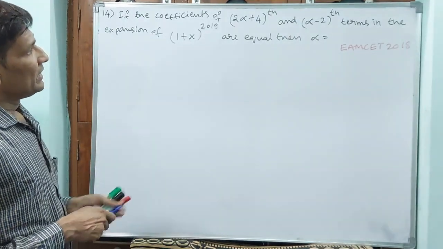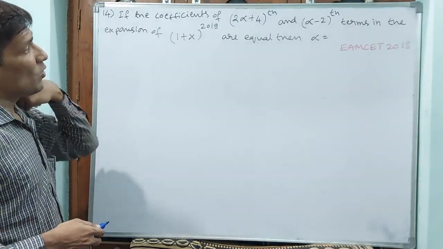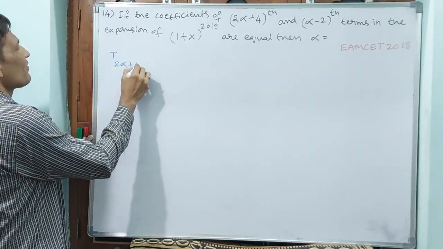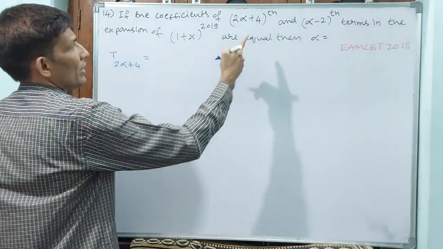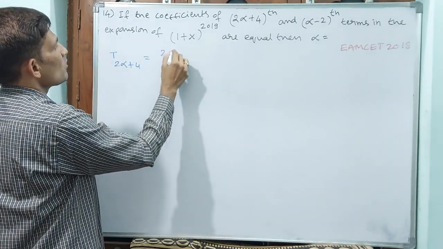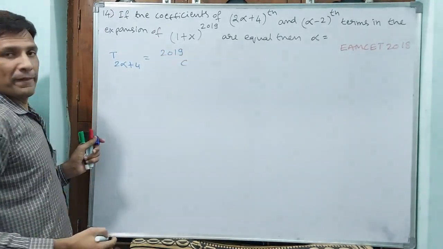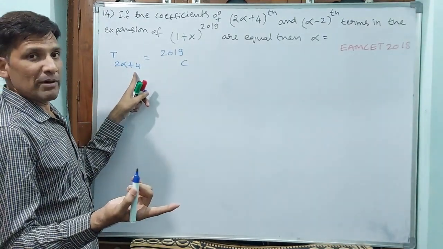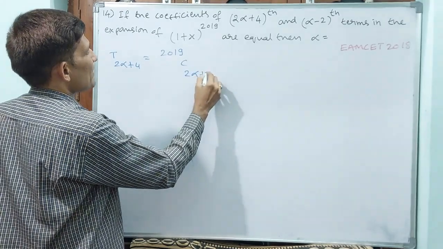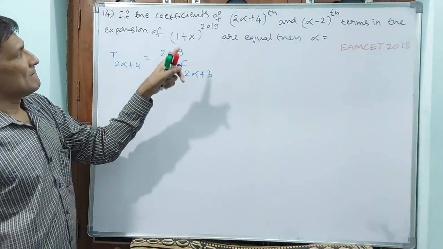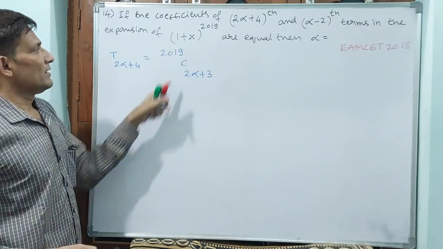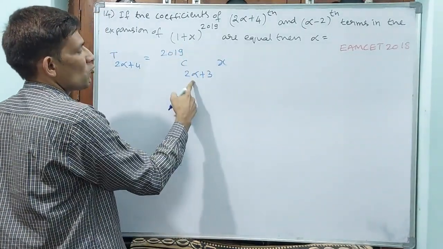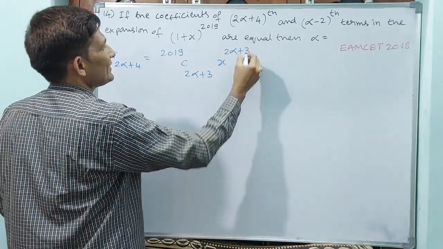See, the (2α+4)th term, how can I write it? T_(2α+4) is equal to 2019 C (2α+4−1), that means 2α+3. The 1 power you do not write, so directly x to the power of 2α+3.